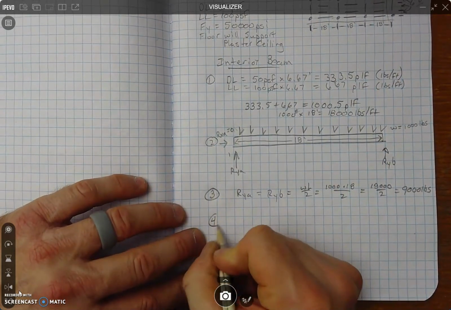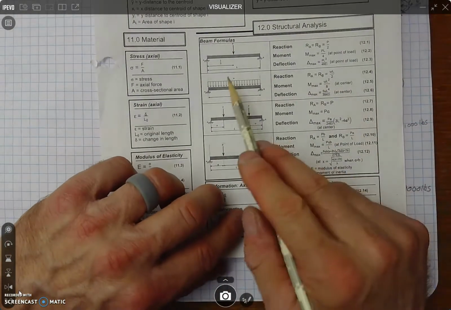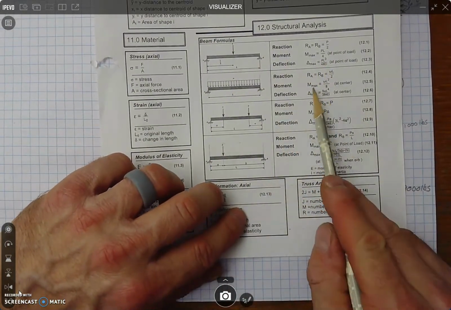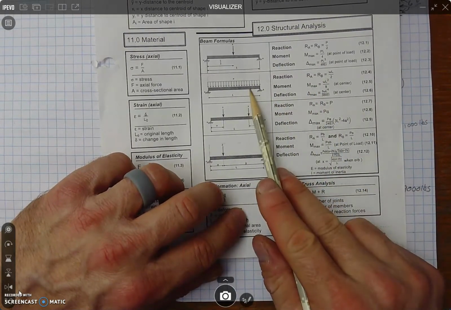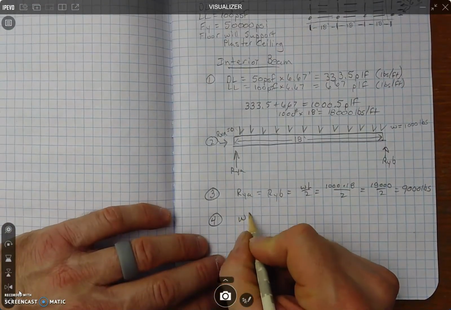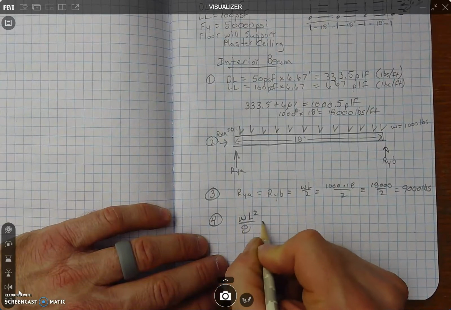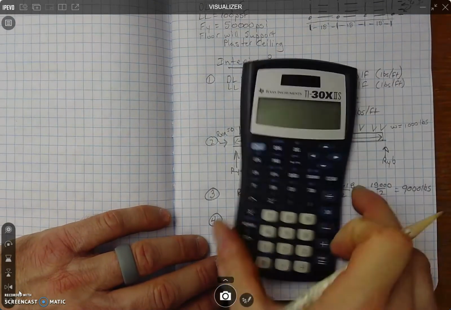Number 4, it was my moment. And again, we boiled down our moments to these formulas. So M max equals WL squared over 8. That is our moment for a uniformly loaded beam. So WL squared over 8 equals 1,000 times, what's 18 squared?